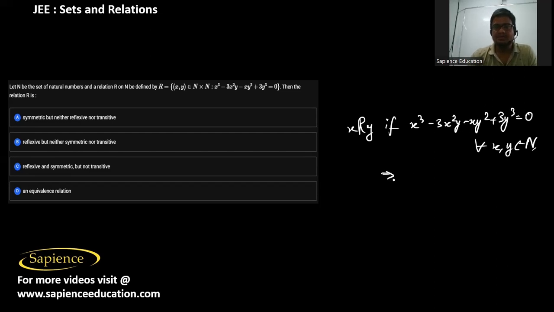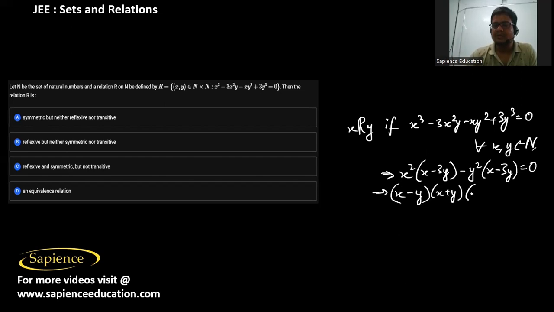So here we can factorize it. This will be x square into x minus 3y minus y square, taking common, x minus 3y, that is equal to 0. So here we will get x minus y into x plus y into x minus 3y equal to 0.